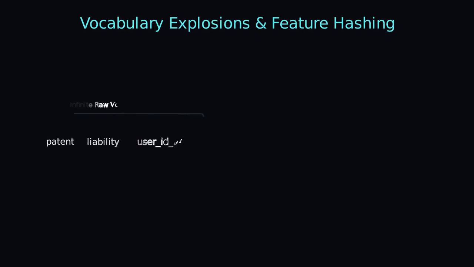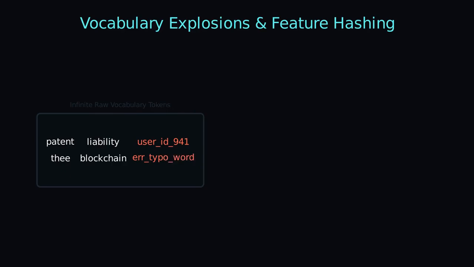If your dictionary contains 1 million unique tokens, every single text vector you store will be 1 million dimensions wide. This vocabulary explosion results in severe data sparsity and causes local computer systems to rapidly exhaust system memory.